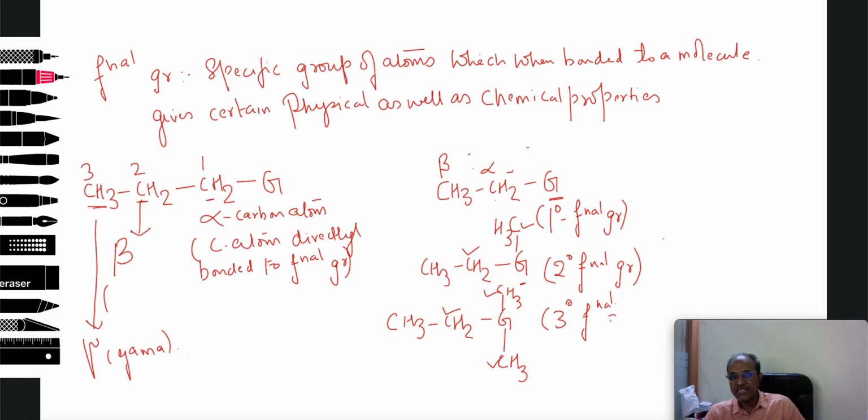Primary, secondary and tertiary functional group. Although in all the three, this carbon, this carbon, this carbon and this carbon, they all are directly bonded to the functional group. So this is also alpha, this is also alpha carbon atom and this is also alpha carbon atom. Fine. Okay.